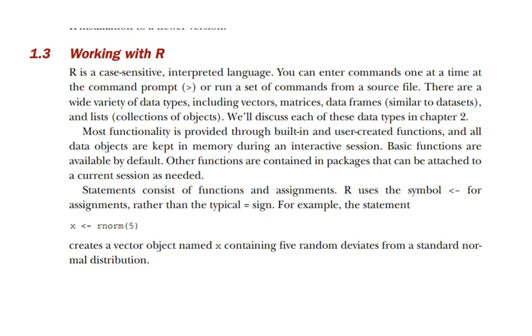There are a wide variety of data types, including vectors, matrices, data frames, and lists. Does anybody know what they mean by data types? Anybody done any other programming before? In other programming languages, we talk about data types like integers, strings, and real numbers.